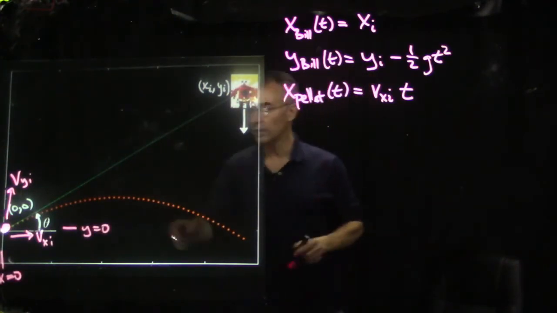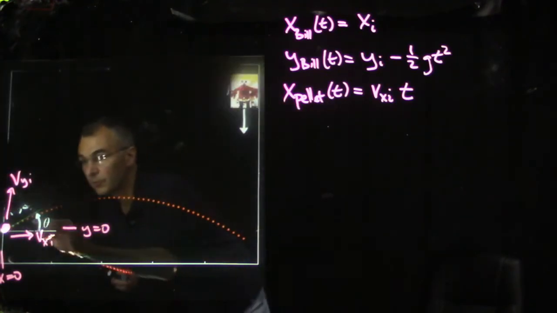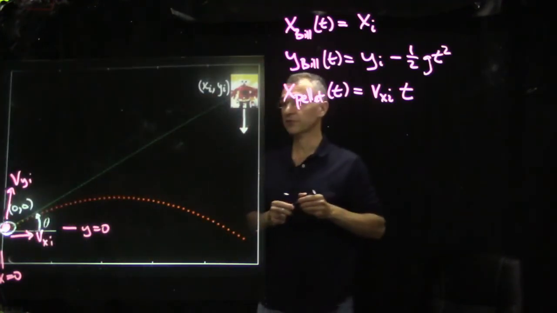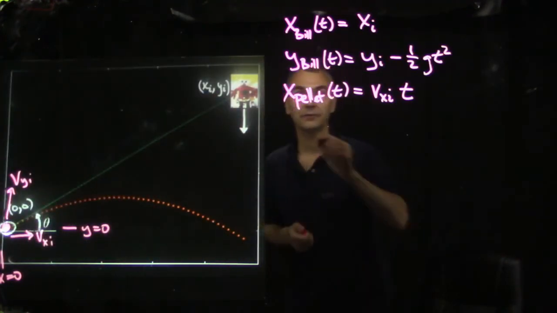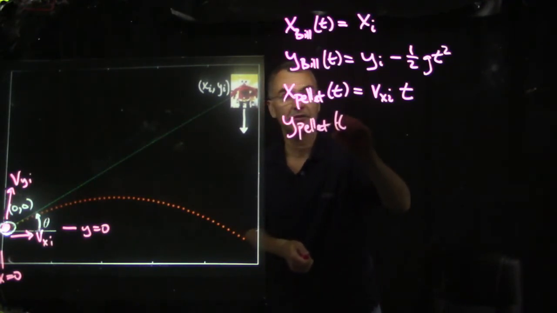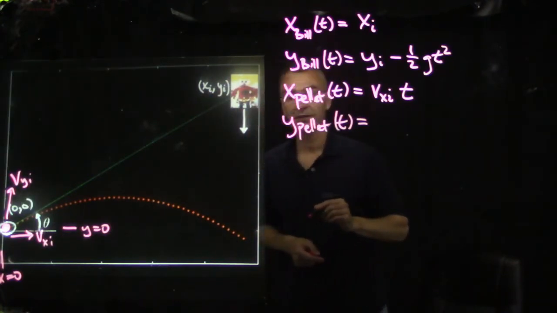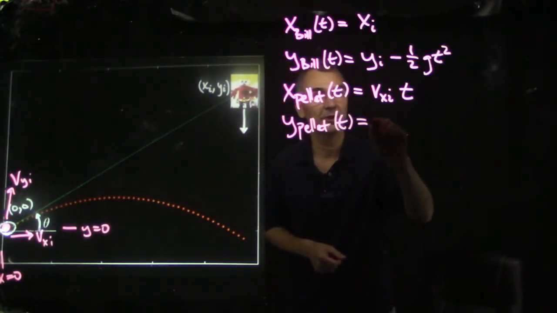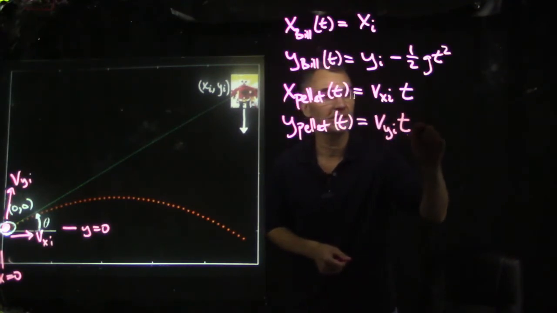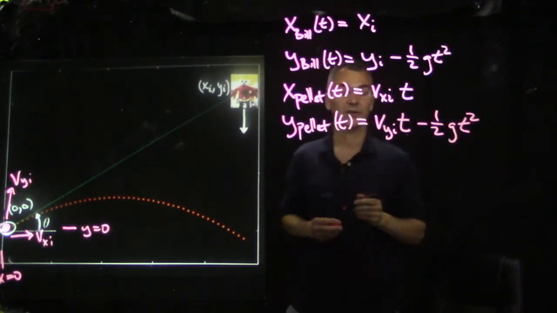This is y equals 0, and this is x equals 0, and this point is 0, 0. Then we have y of the pellet as a function of time. So we start at y equals 0, but we have Vy initial t, and then minus 1/2 gt squared.